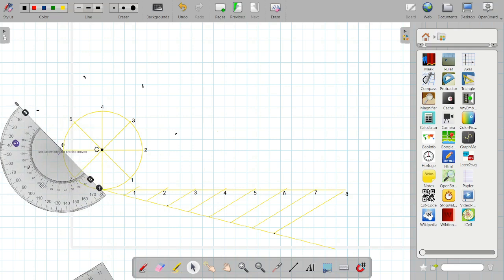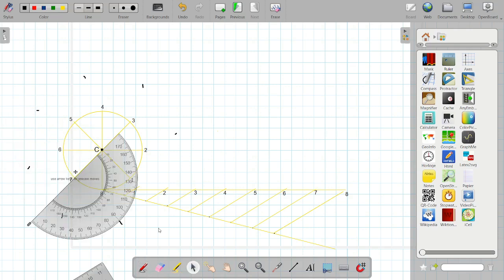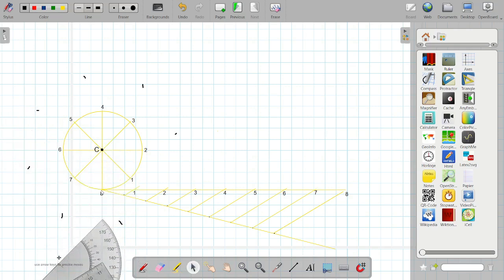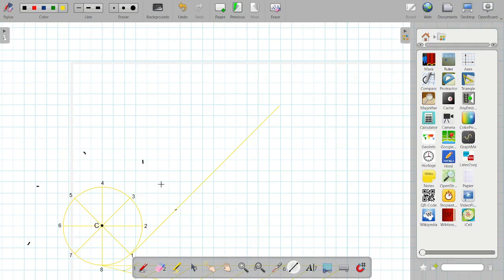I'm just marking the tangents to all the points. And finally, point 8, which will be same as this line. Now I will continue. So I will draw the tangents now, starting from point 1, then point 2.